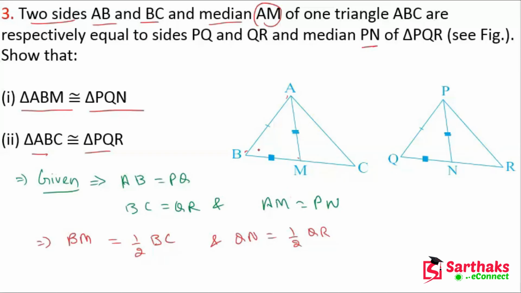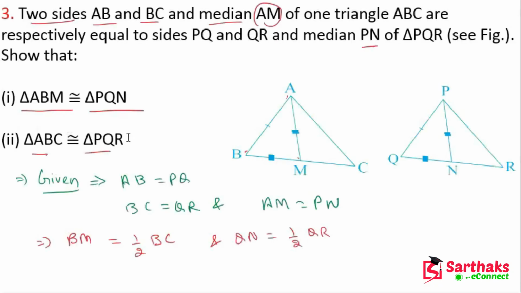So we can write, we know that BC is equal to QR, so half of BC is equal to half of QR.